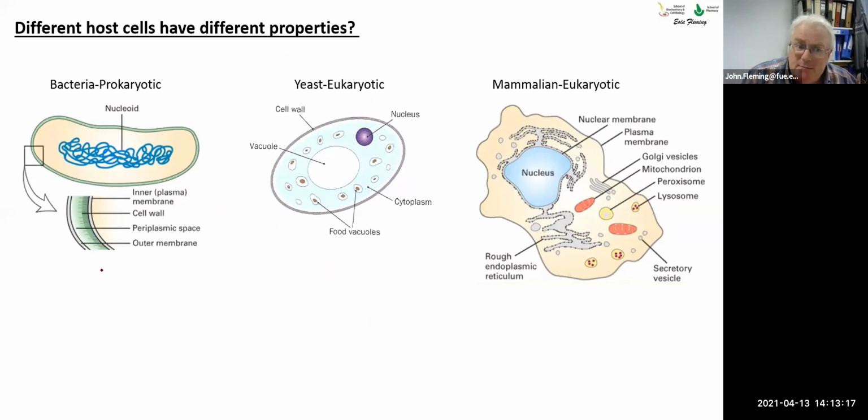So we can put plasmids into bacteria, we can put them into yeast, we can put them into mammalian cells. There are different advantages to different cell types expressing different types of proteins. For example, a lot of the protein drugs that are produced now are made in eukaryotic cells, in mammalian cells, and specifically in Chinese hamster ovary cells.